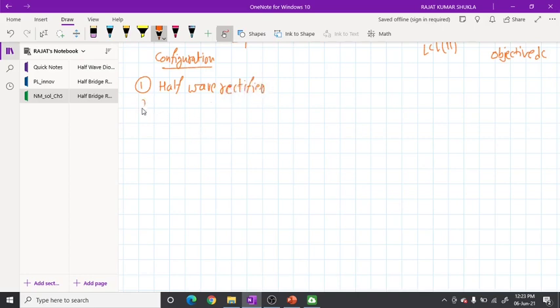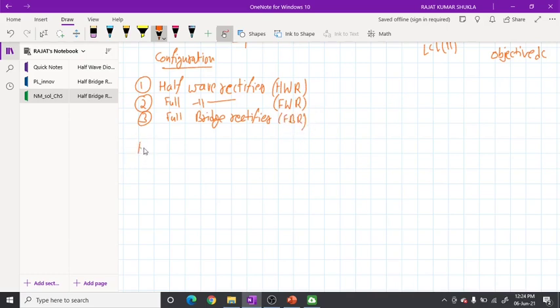The second is a full wave rectifier, which I will call FWR, and the third is a full bridge rectifier.